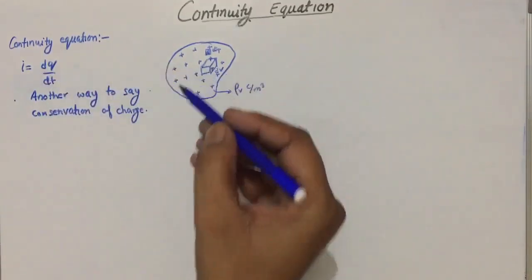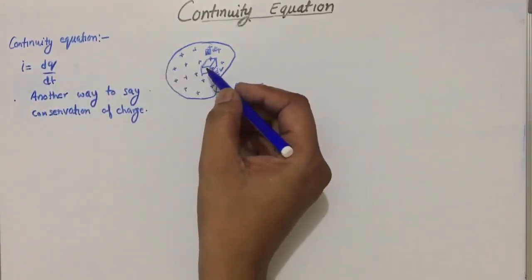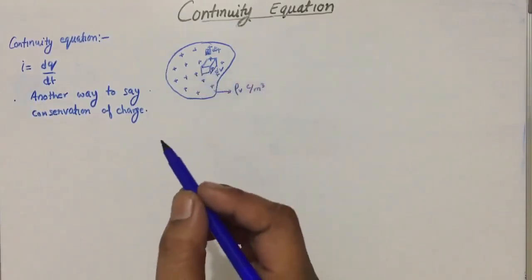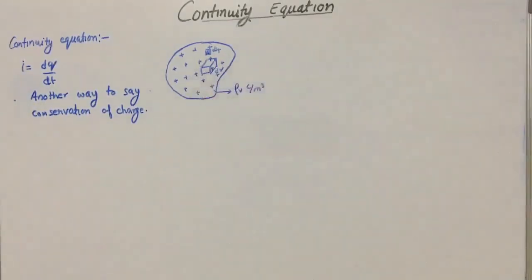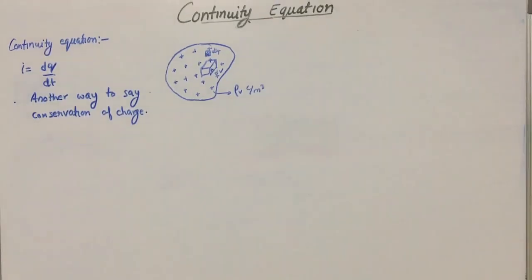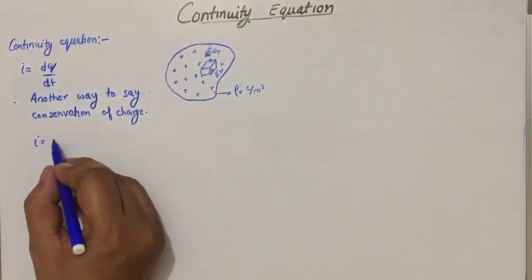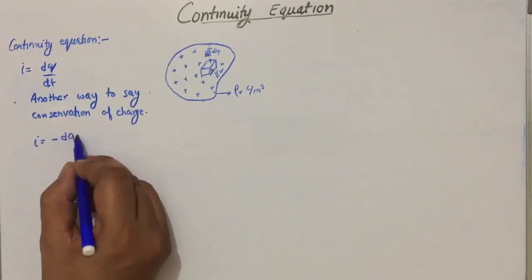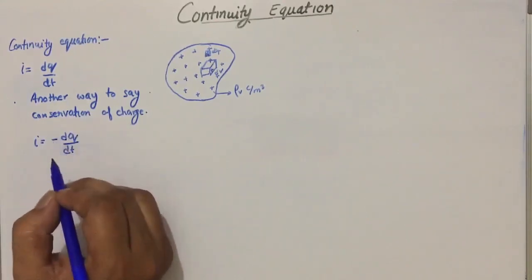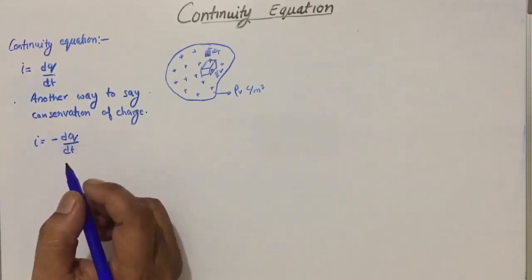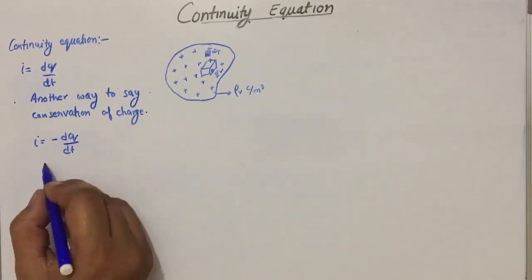If current is moving outward, it means the positive charges are moving outward, and inside the concentration of charges is reduced. So the rate of change of charge can be negative due to the reduction in the concentration inside.